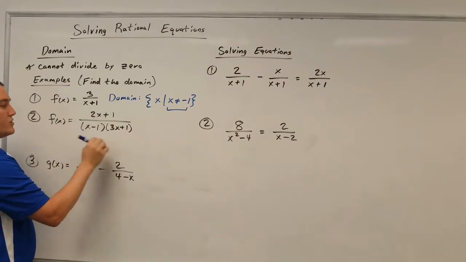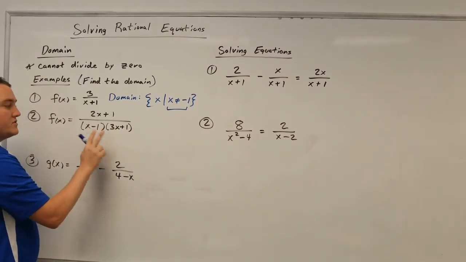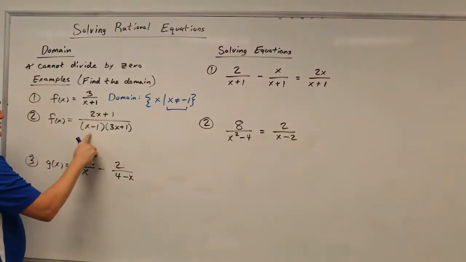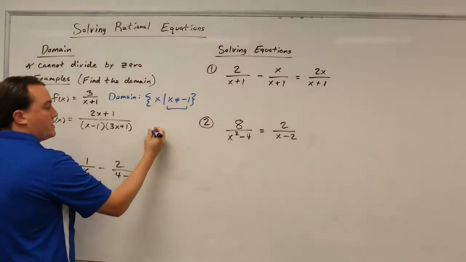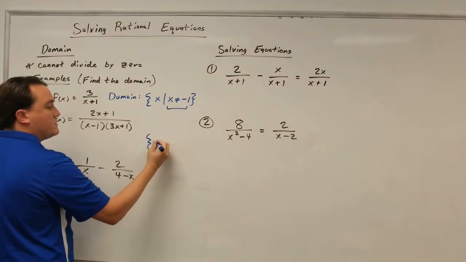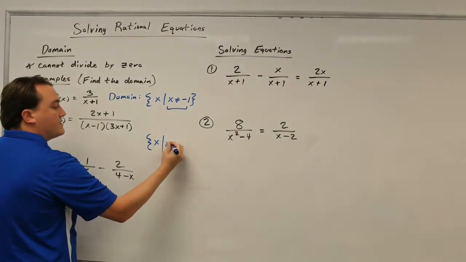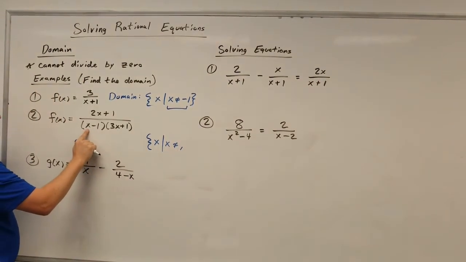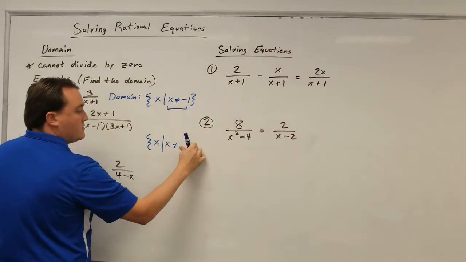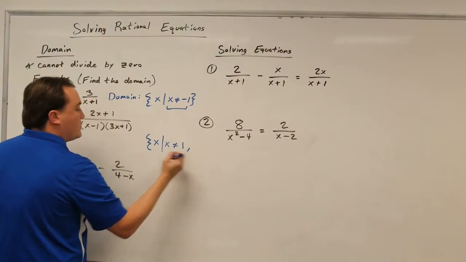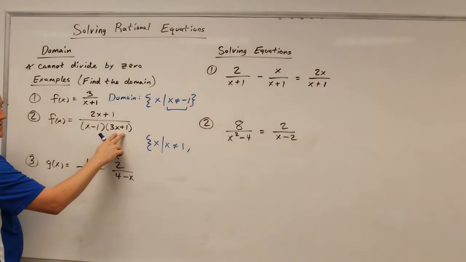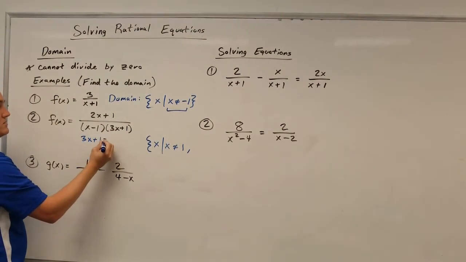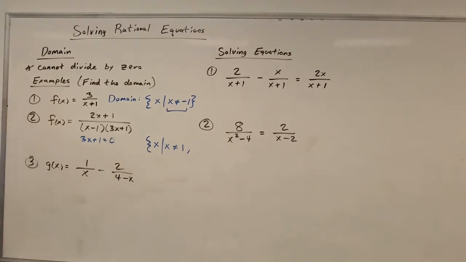So here our domain depends on two things, because two numbers will make the bottom 0 here. So this is very similar to the last one. We know x is not equal to, what number minus 1 would be 0? 1, right? Comma. Now this one's a little bit harder to tell, so what you could do is set it equal to 0 and solve the small equation there.